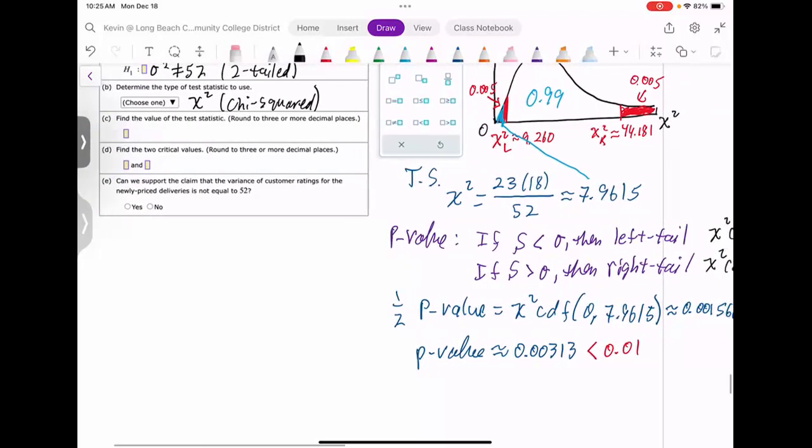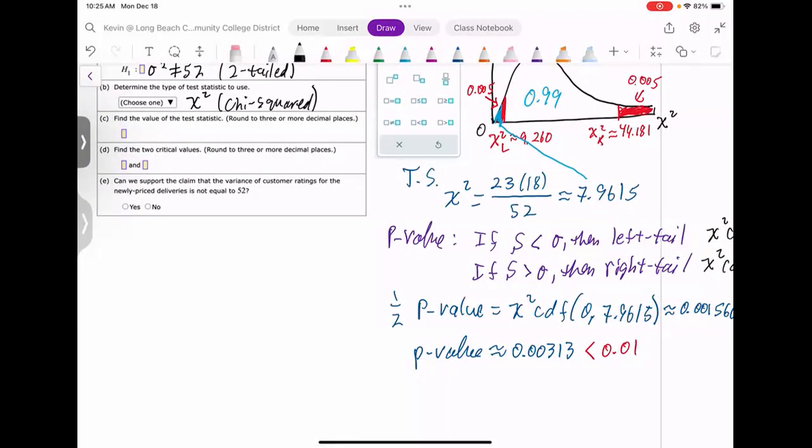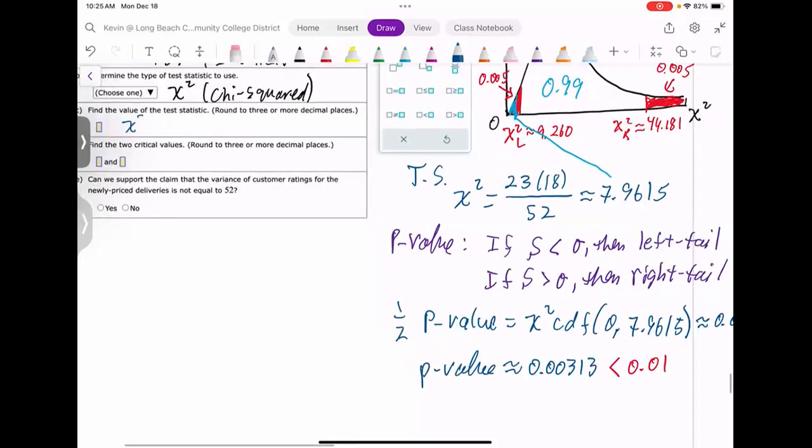All right, so the test statistic we have found, let's write that out. That is chi-squared is about 7.9615. This one's asking for the critical values, not the p-value, but again, some of the problems you will need to know what the p-value is. Critical values are 9.260 and 44.181.